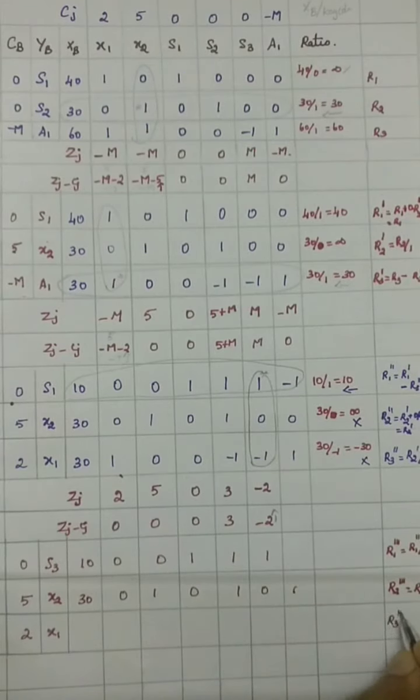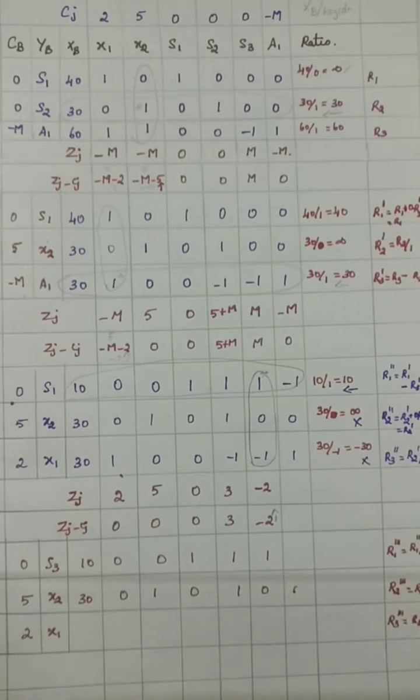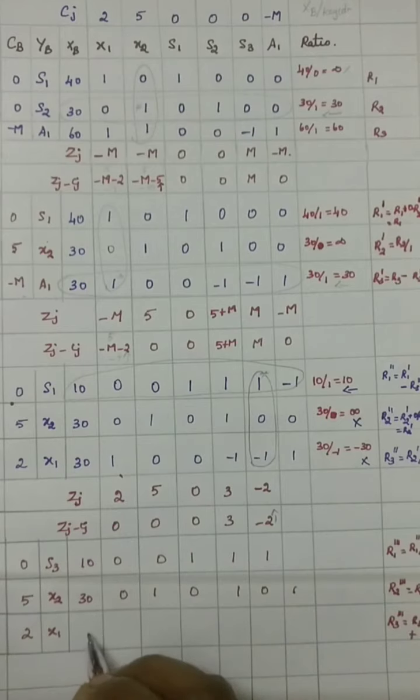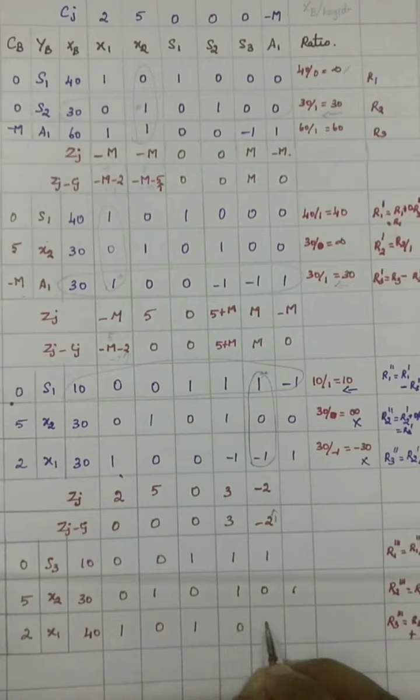And R3 triple dash is equal to R3 double dash plus R1 triple dash, you have to use. In between we have minus 1, so I have to add these two and we get the answer. So this value will be 40, 1, 0, 1, 0, 0.